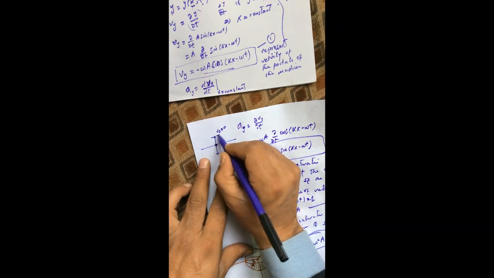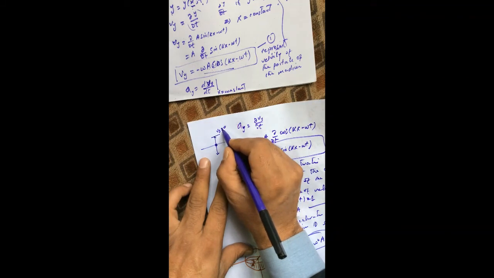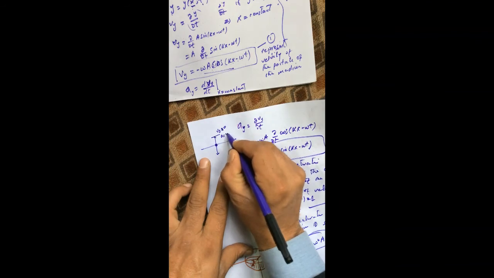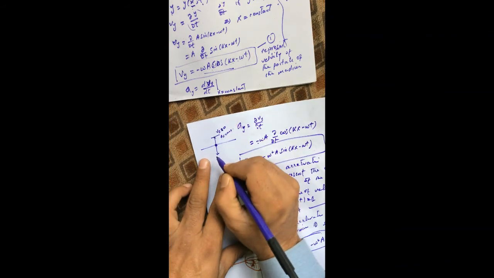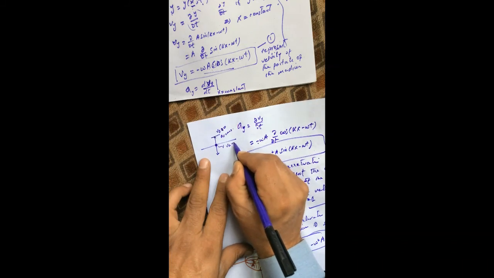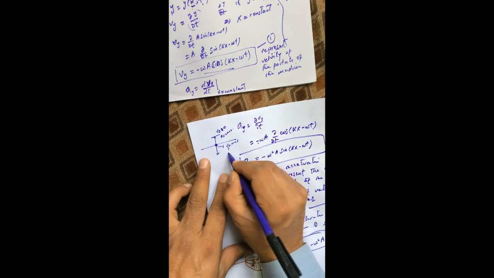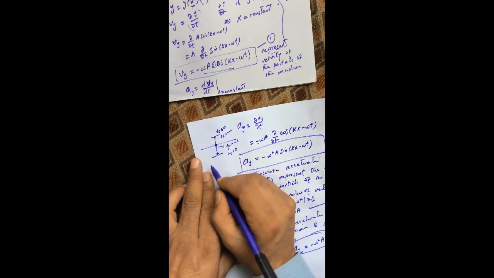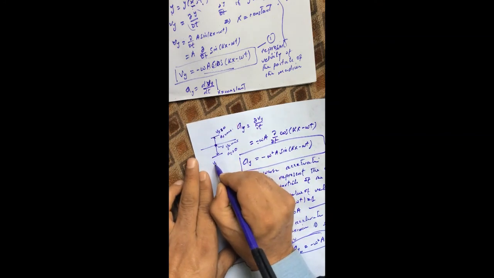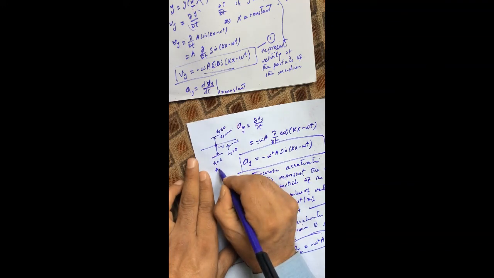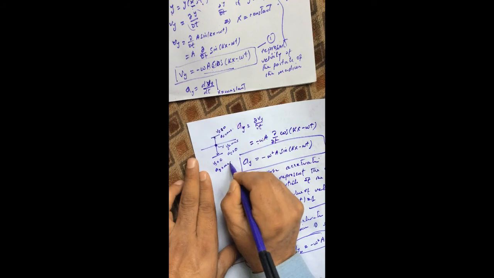So at this point the velocity becomes 0 and acceleration is maximum. Here at this point the velocity is maximum while acceleration is 0, and again at this point velocity will be 0 and acceleration will be maximum.